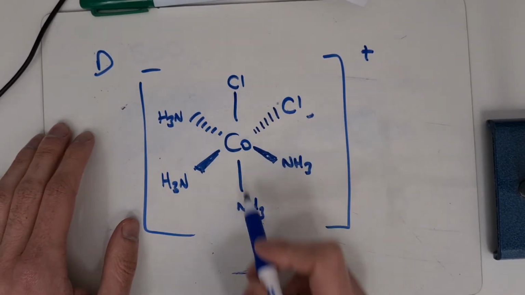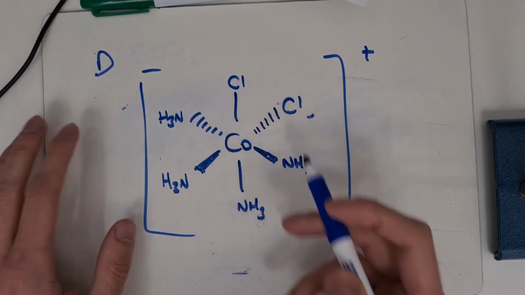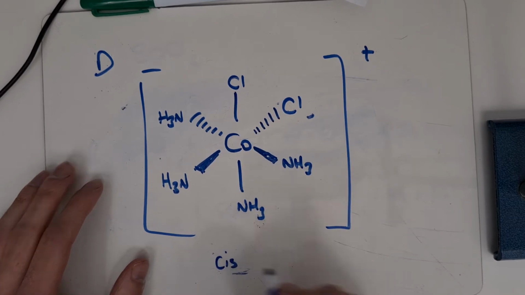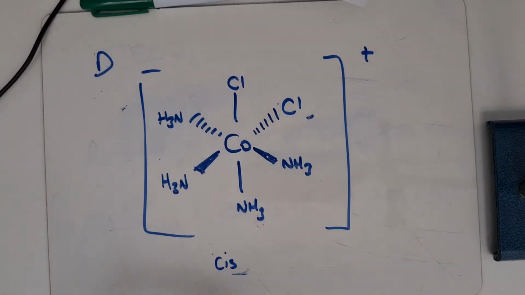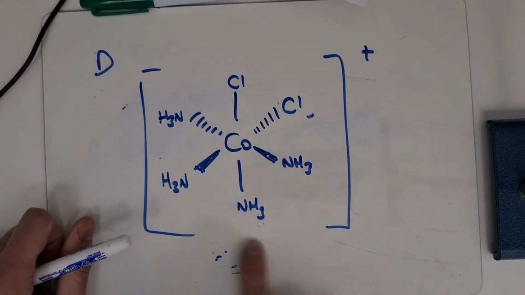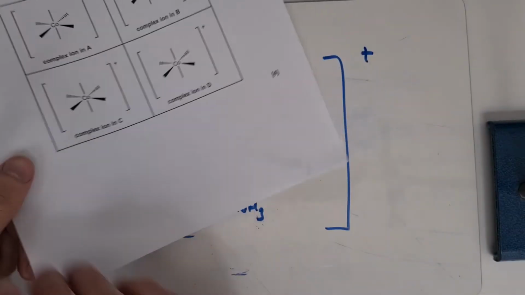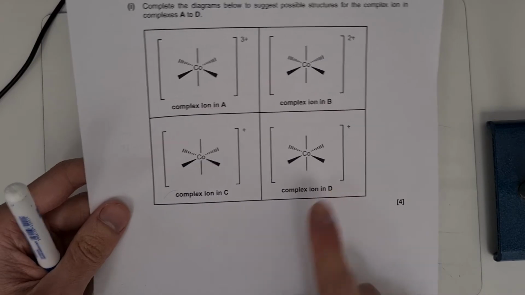So rather than being across the opposite side, it's now adjacent. And so this is cis, and again, single plus. You could have done that the other way around, but either way, that got you a mark as well. So that's 4 marks. You didn't have to label them as cis and trans, just had to have the 2 different types of drawing, complex ion C and complex ion D.